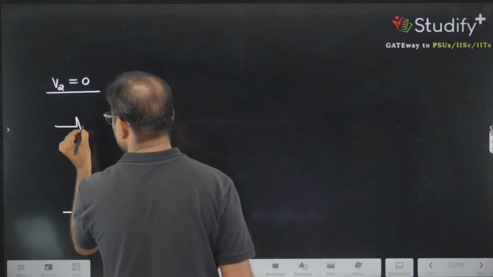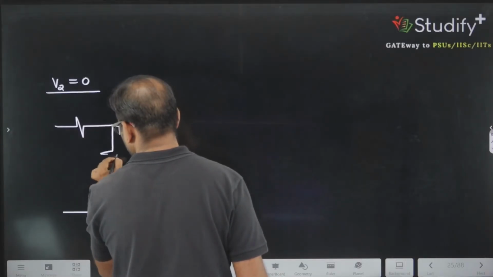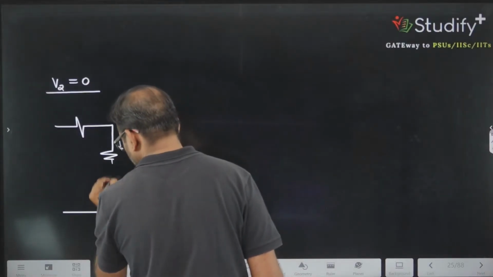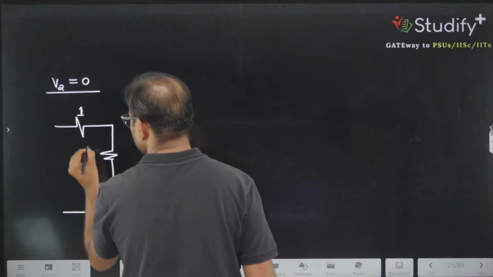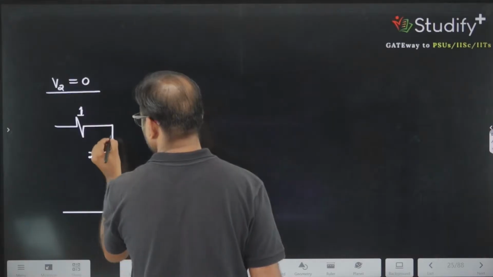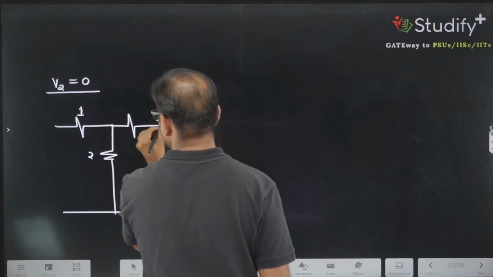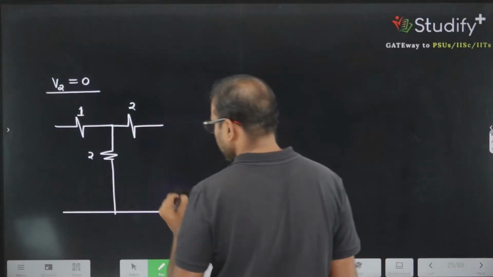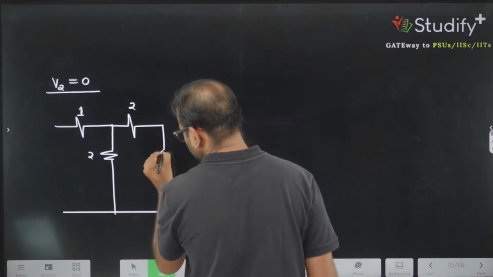This value is 1, this value is 2, this value is 2, and then we have a 4 I1 dependent source.